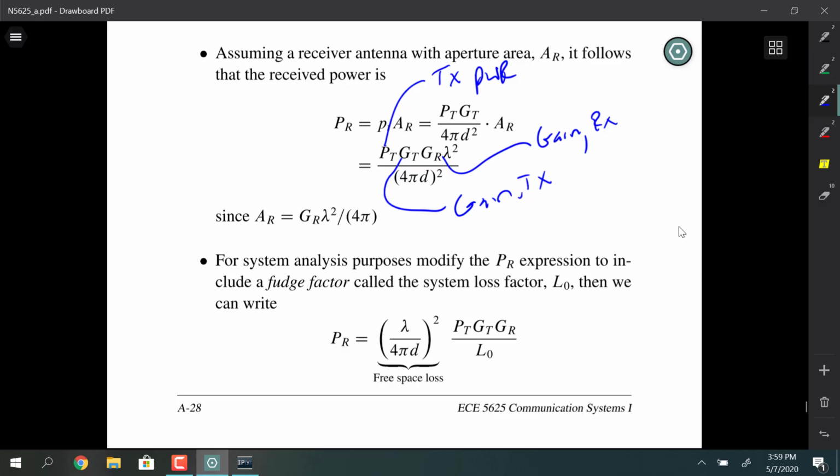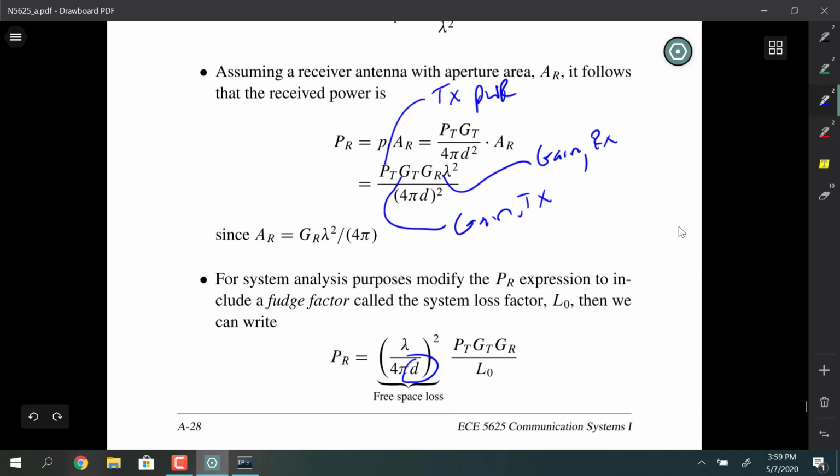And I think most of us would agree that we would be disturbed if we didn't see a d or r squared in there, because we just know that that's the spreading factor, the 1 over r squared or 1 over d squared type of factor. And then we have the effective gains of the two antennas, and then the transmit power.